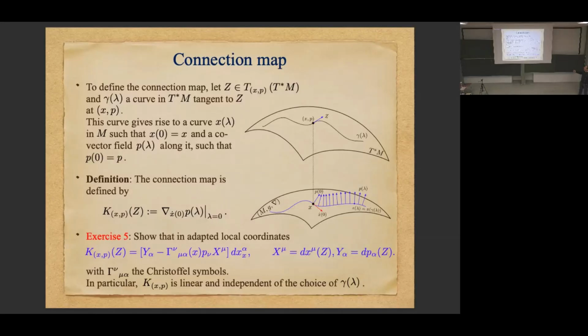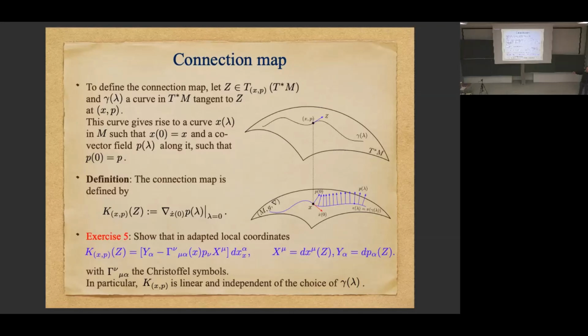Oh, sorry, so Z is a vector here. Okay, and K of Z, sorry, it's a covector, so it gives you a covector at X. The question was what K of Z is. So K of Z is a covector at X on the manifold.